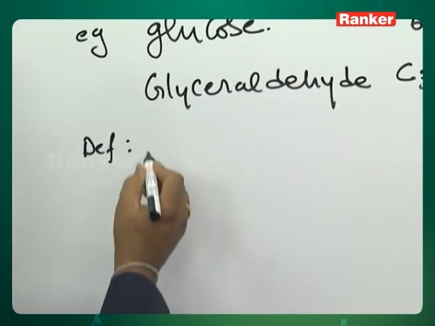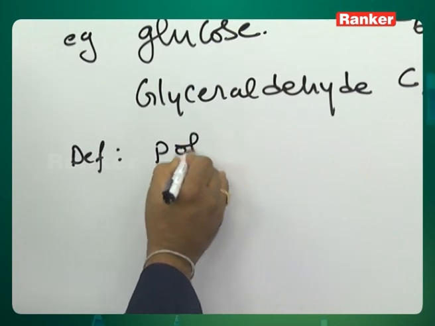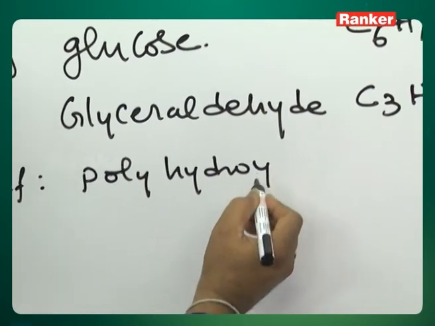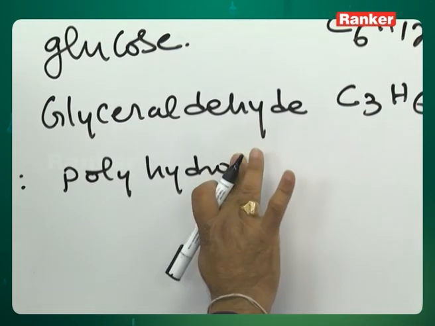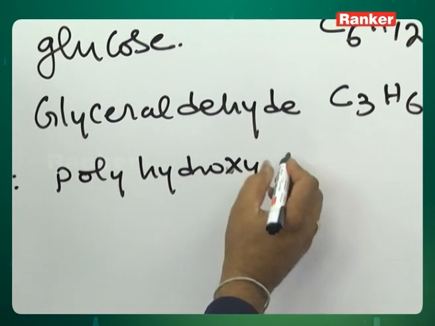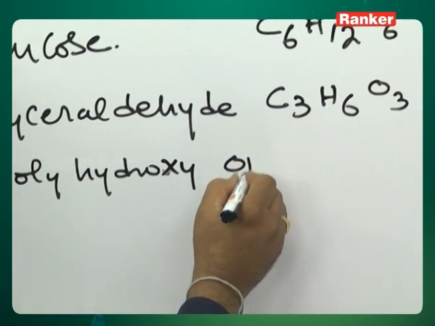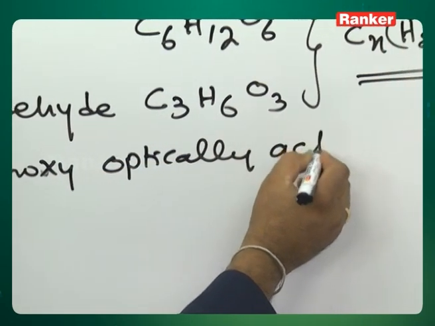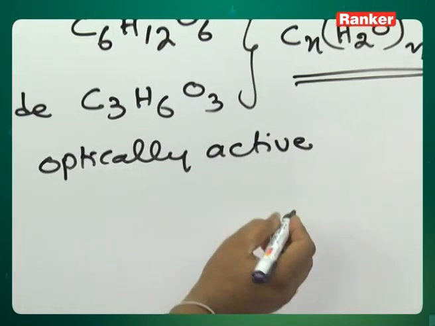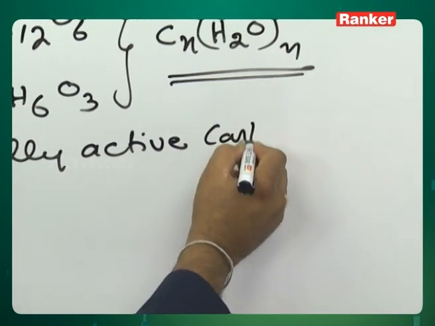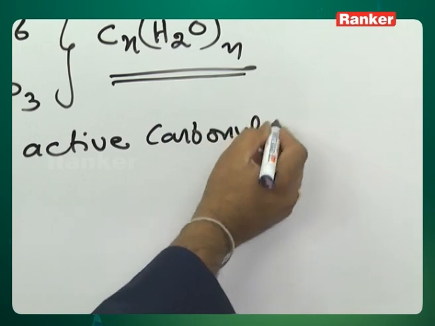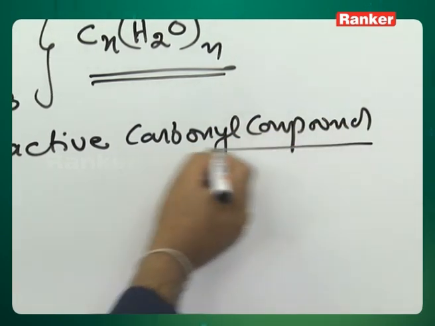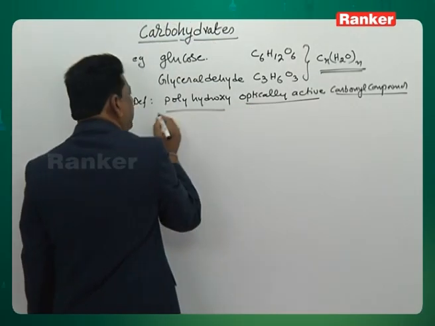The modern definition is they are polyhydroxy, optically active carbonyl compounds. So there are 3 points we are defining.